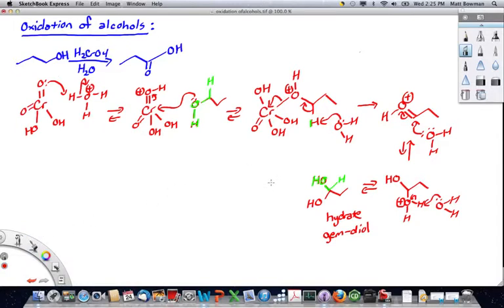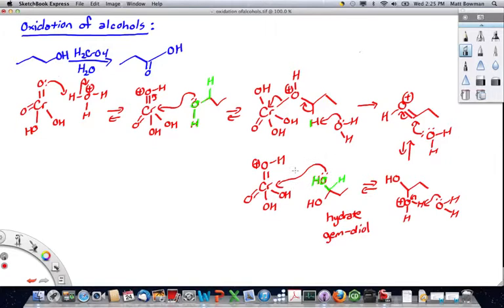So our active chromium species, we've already shown it being activated in this step before. We don't need to show it again. But one of these chromic acids comes in that's activated, and one of the two oxygens, doesn't matter which one, attacks the chromium.